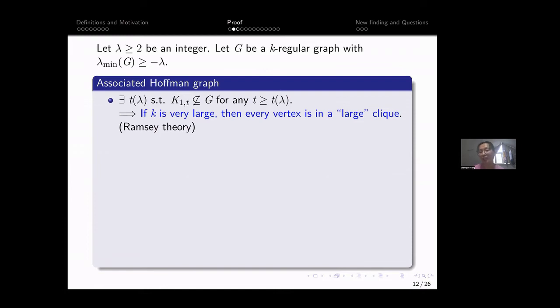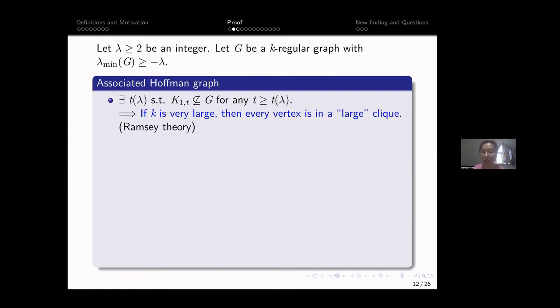We knew that in the neighborhood of x, it must contain a very large clique. This is what Ramsey theory tells us. So the claw graph not being an induced subgraph of G implies that we can always find a very large clique in this graph if the valency of this graph is very large.